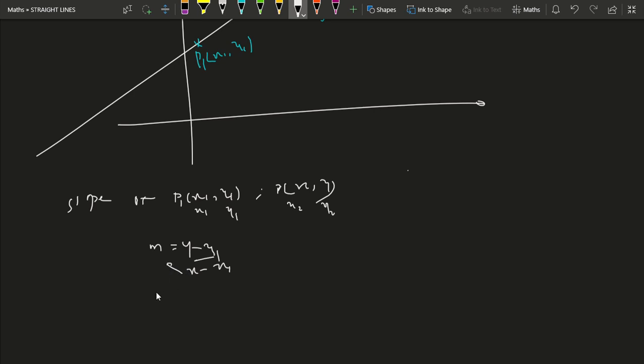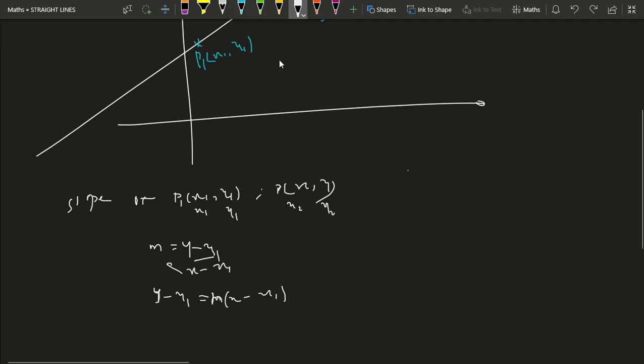So y minus y1 is equal to m into x minus x1, and this is the most important result. Without this, no chapter. So this is a wonderful formula.